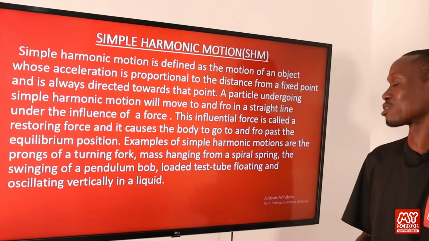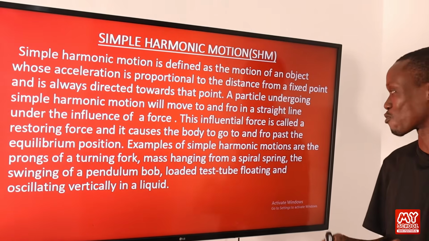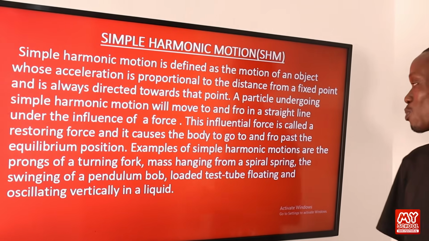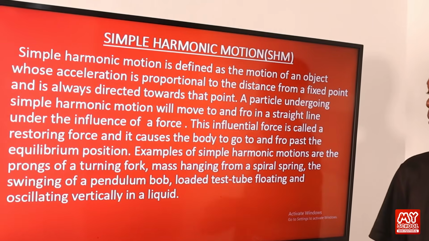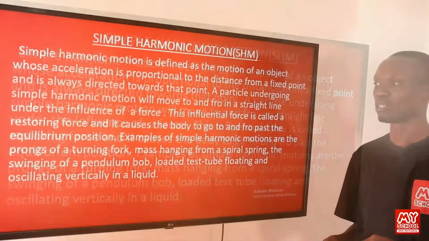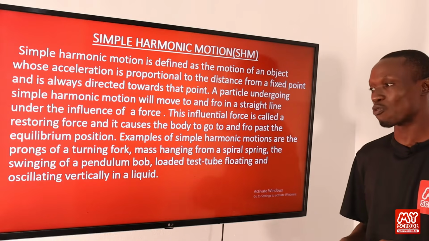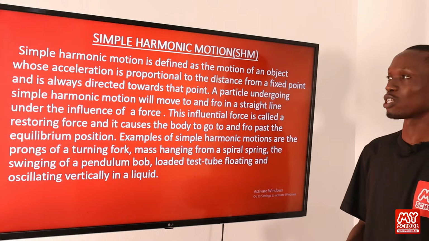This force is called a restoring force, and it causes the body to go to and fro past the equilibrium position. Examples of simple harmonic motion are the prongs of a tuning fork, a mass hanging from a spiral spring, the swinging of a pendulum bob, and a loaded test tube floating and oscillating vertically in a liquid. So let's move to the next slide.